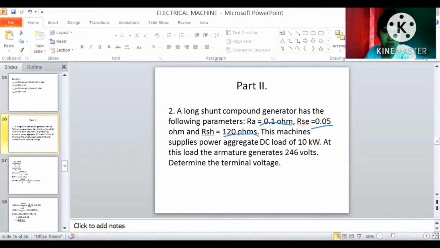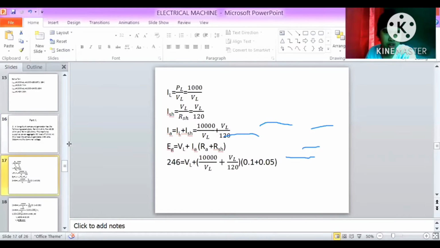This machine supplies power to an aggregate DC load of 10 kilowatts. At this load, the armature generator voltage is 246 volts. Determine the voltage. That is the solution.